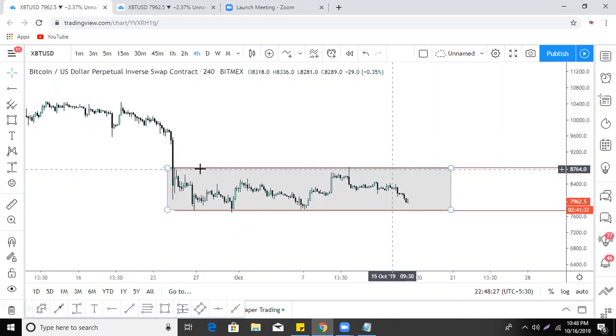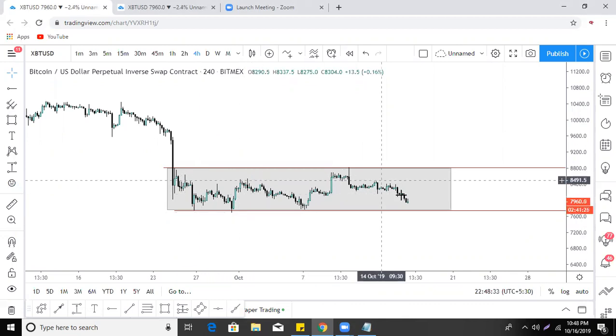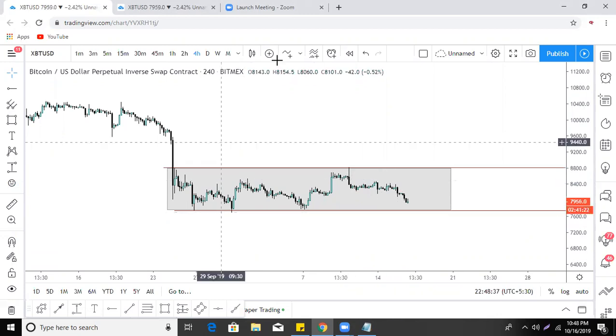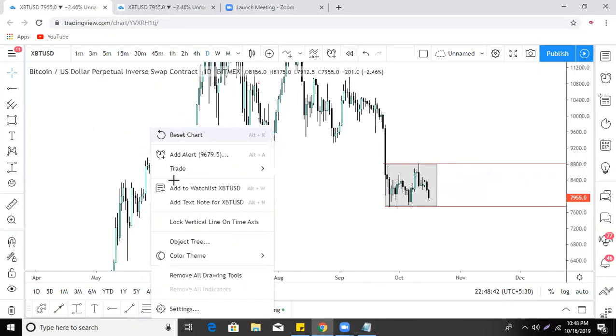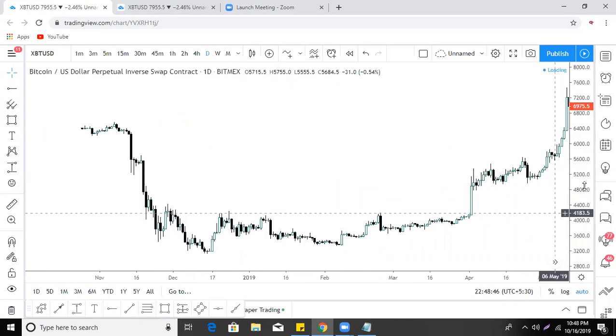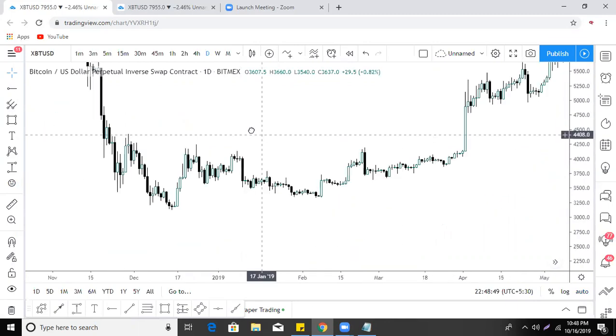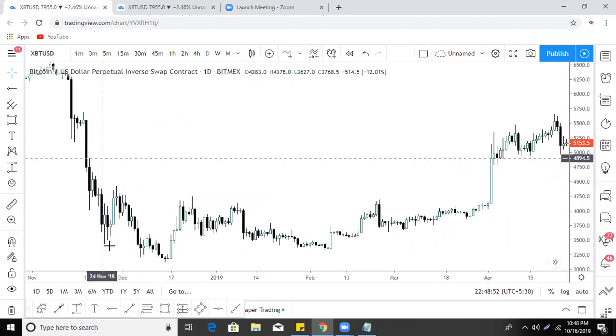Why? Because whenever the price changes a trend, a perfect trend, the price makes a violent move. The same thing happened in the beginning of 2019. If you remember, this was the consolidation range. We got a high here, a low, right?